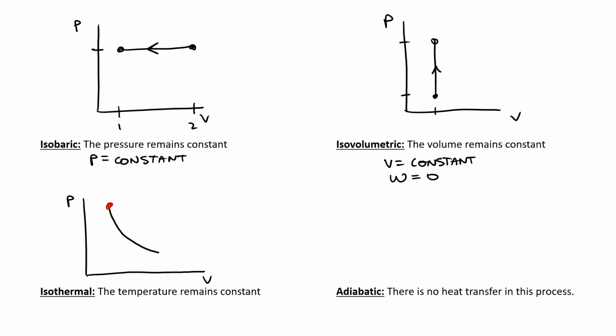Very low volume and high pressure. Okay, then as it changes its volume, as it starts to grow, the pressure will decrease and the gas inside will remain at the same temperature. So everywhere on this line is the same temperature. I'll say that's T1.